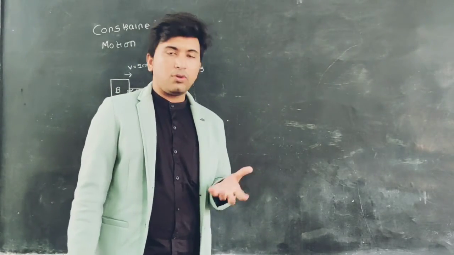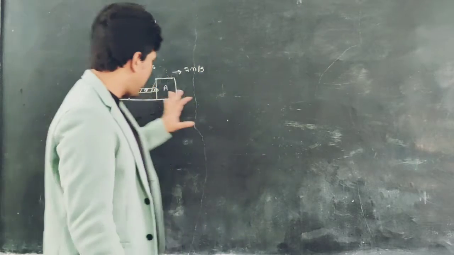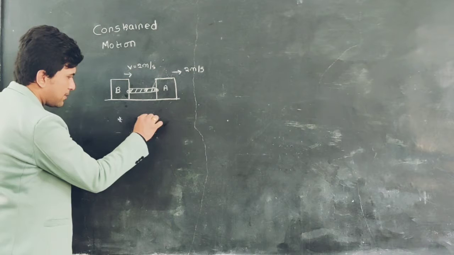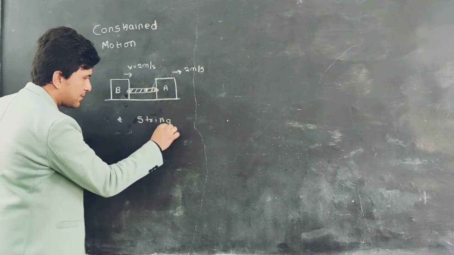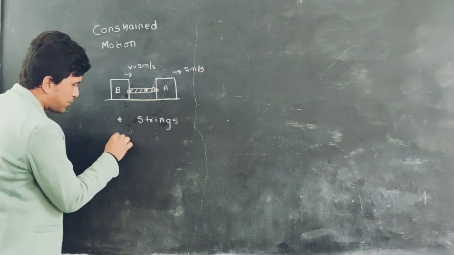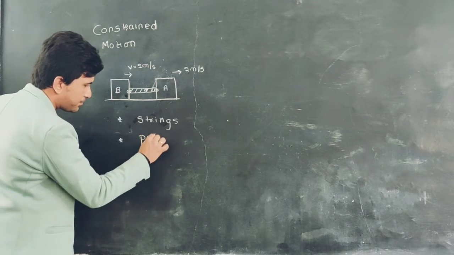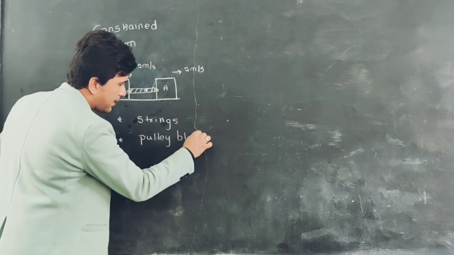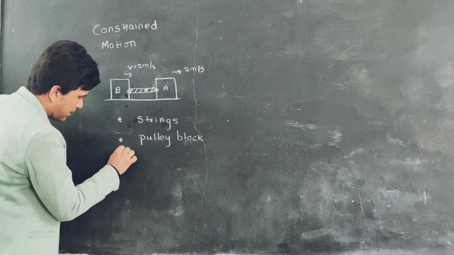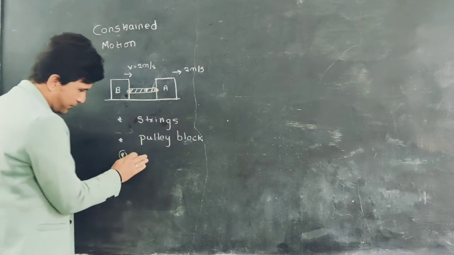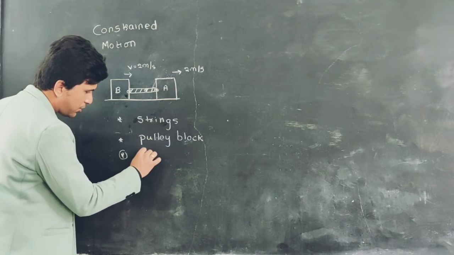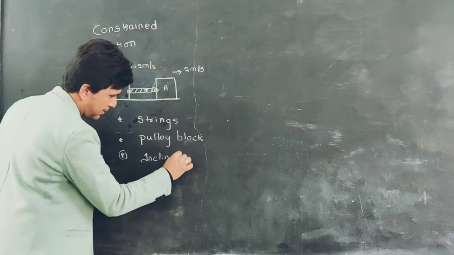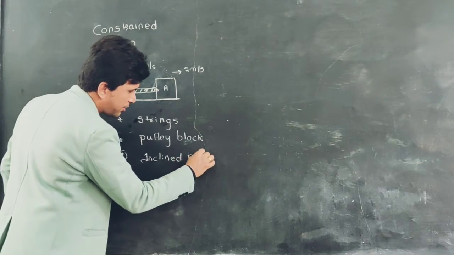In your course there are three different situations we have got. One is constrained motion in strings, second is constrained motion in pulley block system, and the last, if you are focusing on the advanced, please focus here: constrained motion on inclined plane.